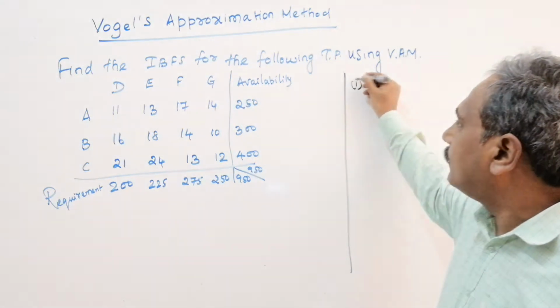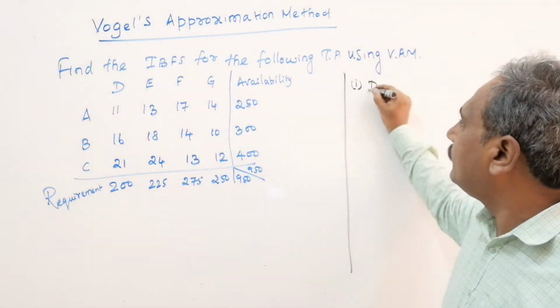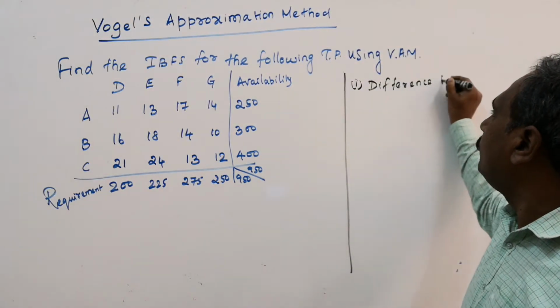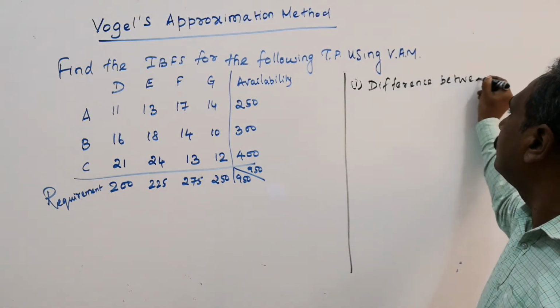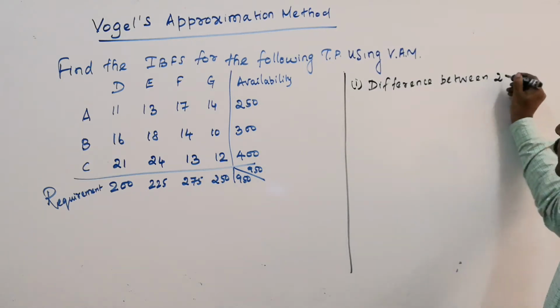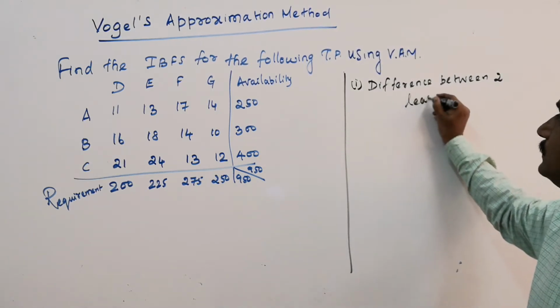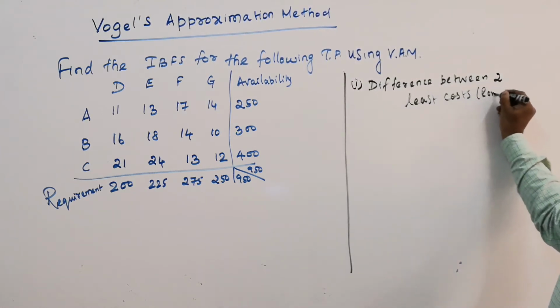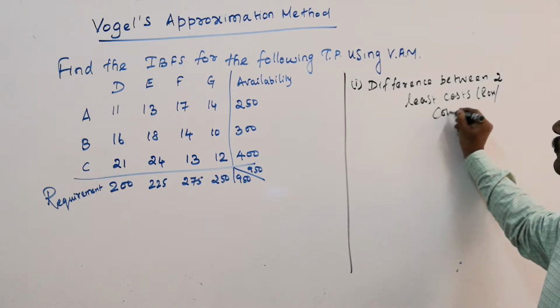First, in step 1, I am going to find the difference between the two least costs, row wise and column wise.